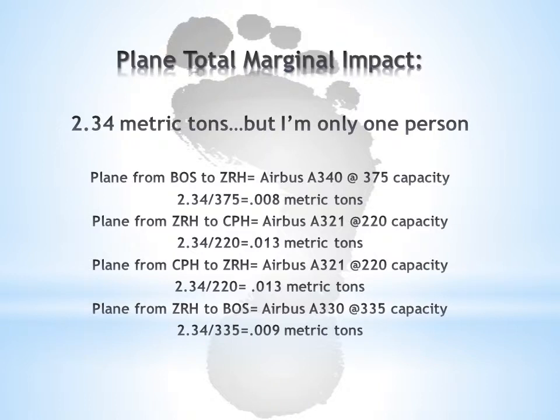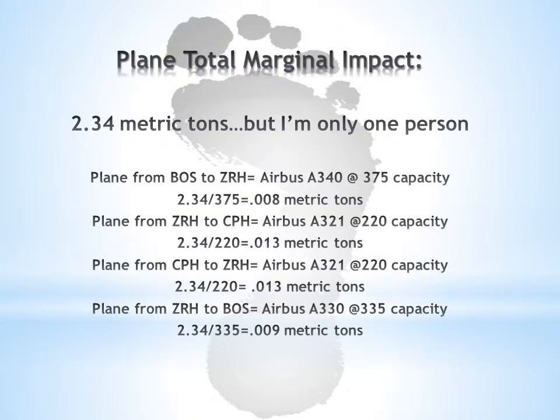I did this by looking up each one of these aircraft on Wikipedia and determining their capacity, and then dividing the metric tons for each leg of the flight by the capacity to determine how much was related specifically to me. While it's probably not realistic to think that these planes will all be at total capacity, they probably will be with at least luggage, and being international flights, they tend not to fly empty.